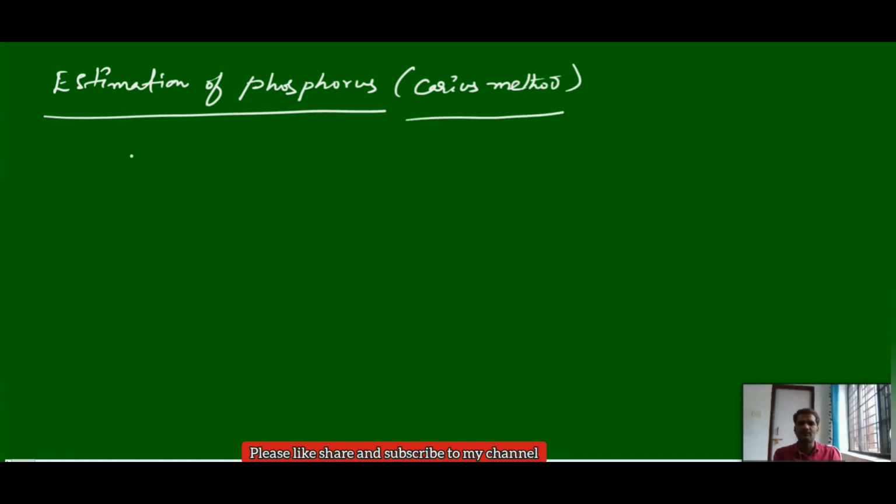So for this again we will take the organic compound. First we acidify with nitric acid. If any phosphorus is present in that organic compound, the phosphorus can be oxidized to phosphoric acid. The phosphoric acid formed in this reaction can be further converted into a solid form, a precipitate, by treating with a magnesia mixture.